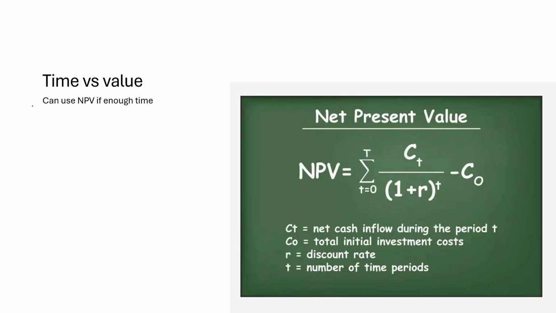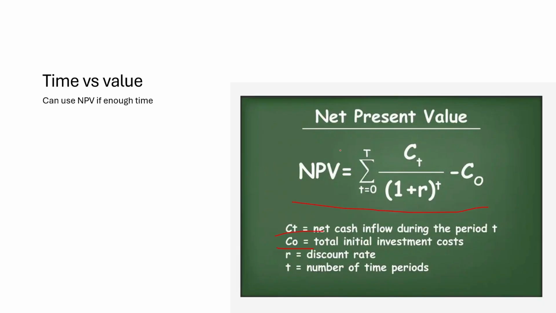Now, an essential element in creating your strategy is how much time you're gonna have, as I've discussed earlier. If you have enough time, you can use net present value calculations, given that these two variables are known and can be used to calculate.